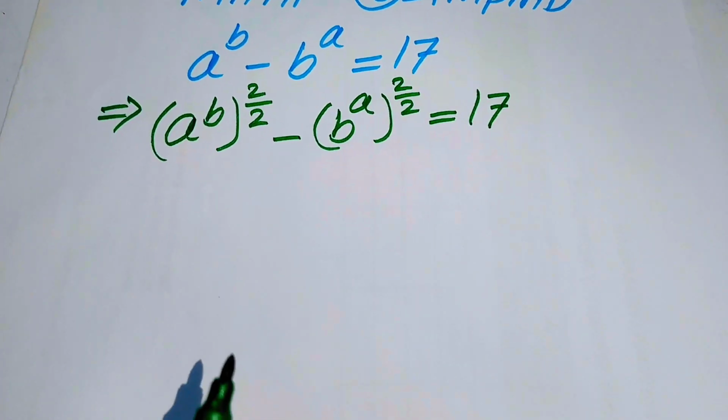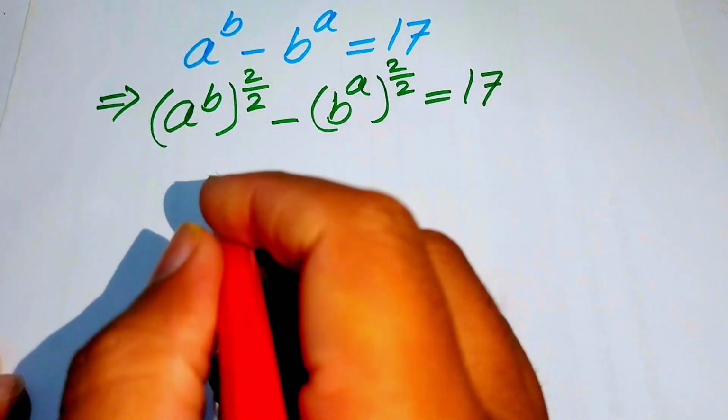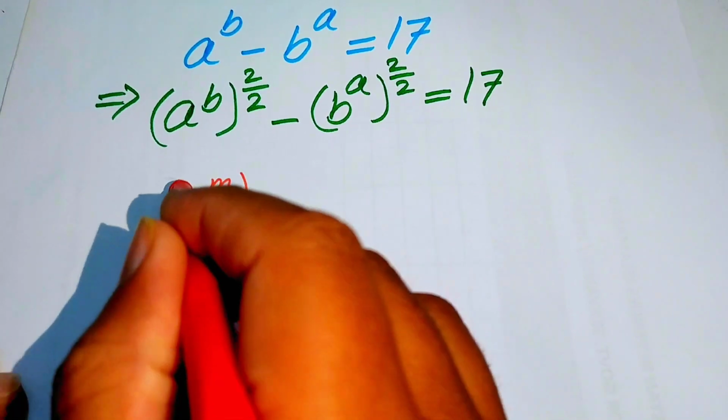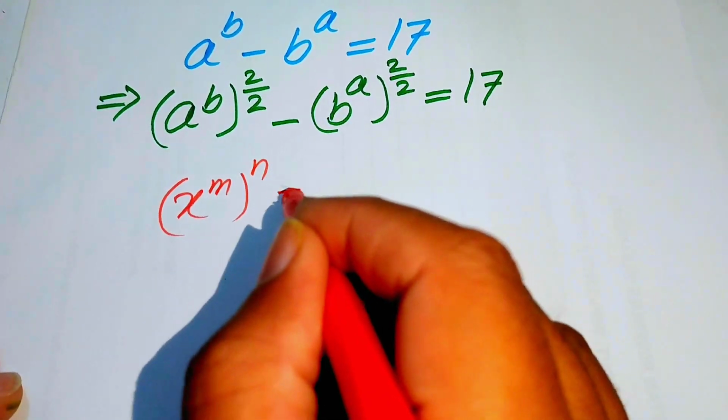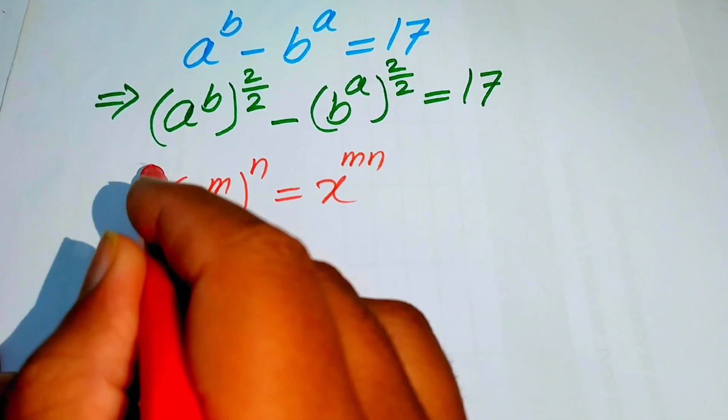And in the next step we use the nice exponential law, and you know about exponential law. If we have x to the power of m and its whole power n, it equals x to the power of m times n.